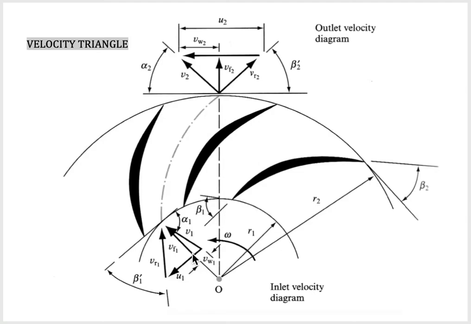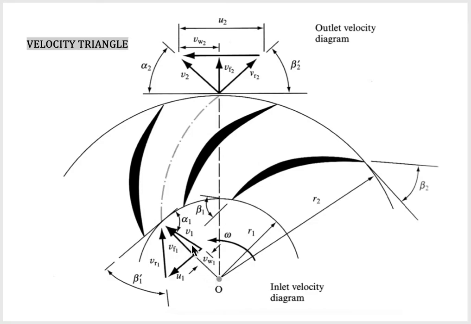Then we draw a component velocity for the theoretical velocity. So this is the theoretical flow. We mention VF1 as the flow velocity at inlet, and this is the flow velocity at outlet. And the flow velocity must be in the direction of the radial here.